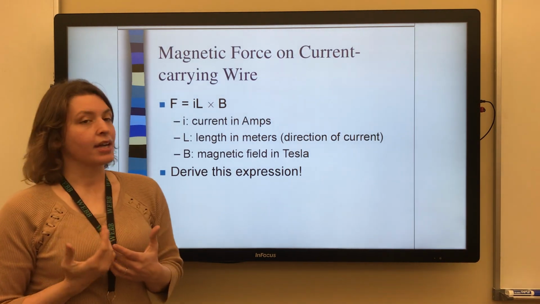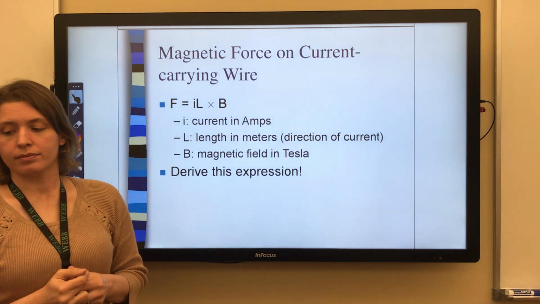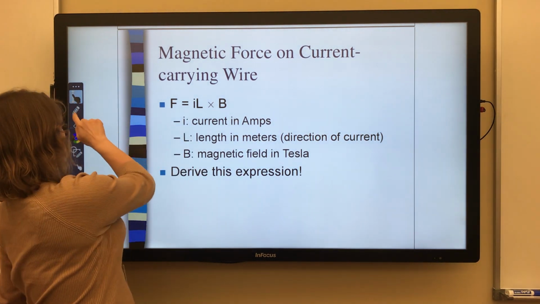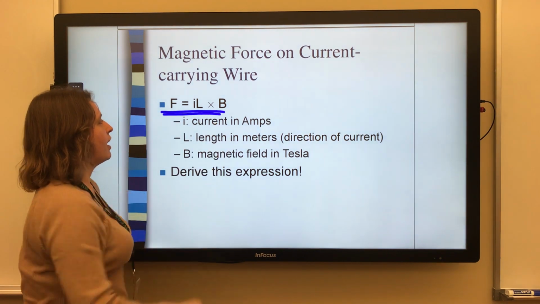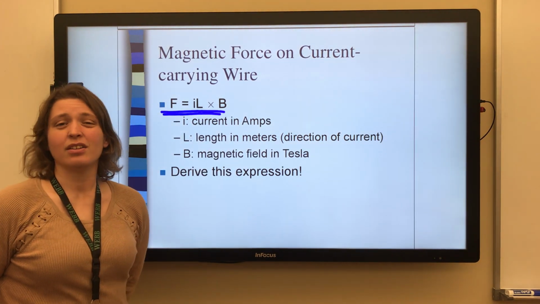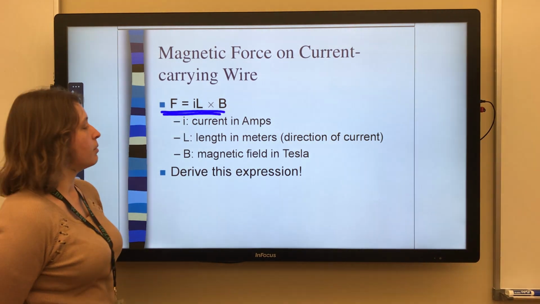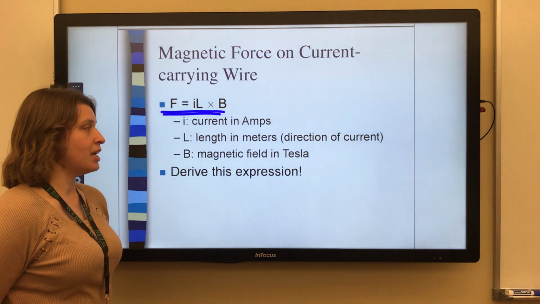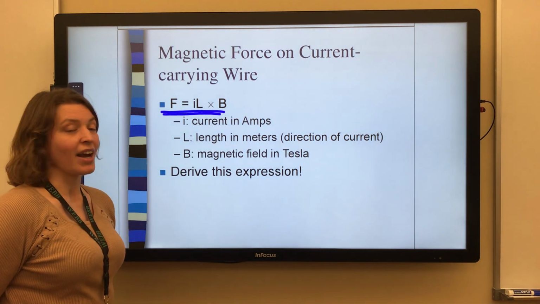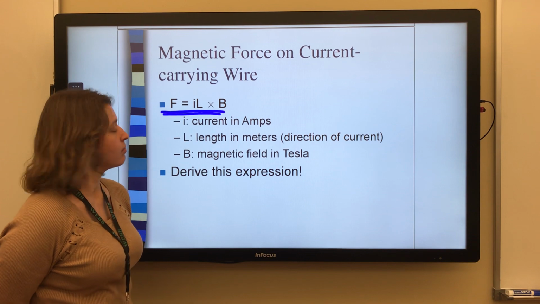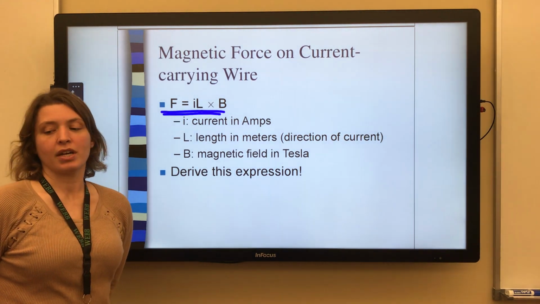If we have a current-carrying wire, then we can use this formulation of the same equation instead. F equals I times L cross B, where I is the current measured in amps, L is the length in meters of the direction of the current, or I guess like a segment of wire that's carrying current, and B is our magnetic field strength.